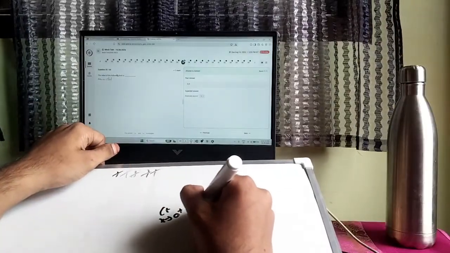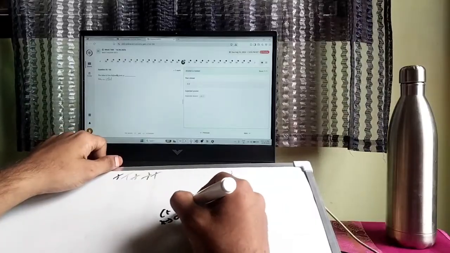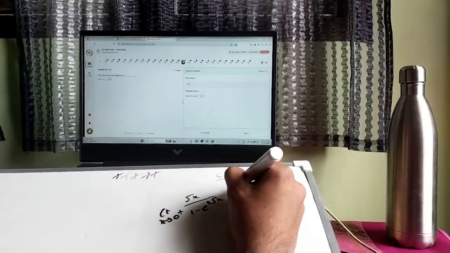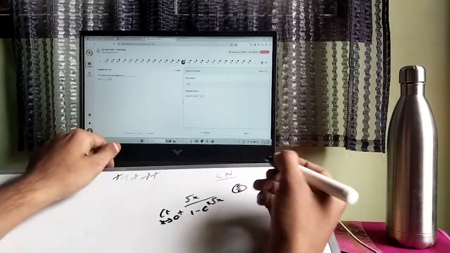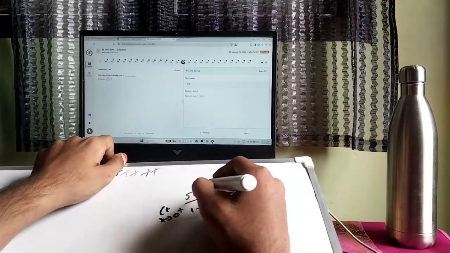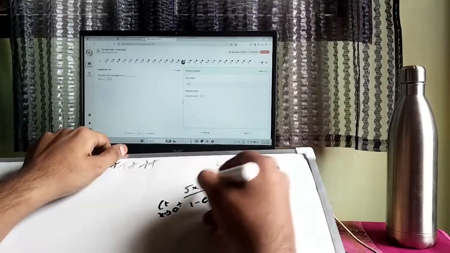We have 1 minus e power 2 root x. If we place 0 here, it becomes 0 by 0, an undefined form. So you have to differentiate with respect to x. It is called L'Hospital's rule.